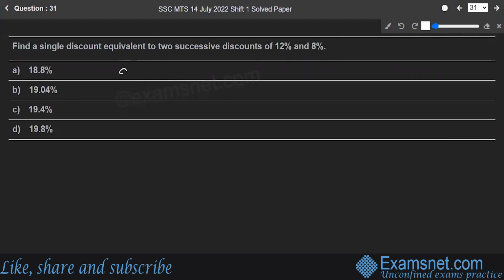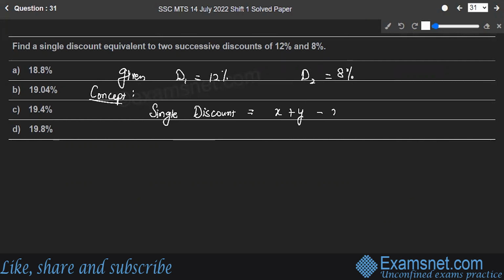First thing, you are given two successive discounts. So we have D1 that is equal to 12% and we have D2 which is equal to 8%. What formula is used in this question? The single discount is given by first discount plus second discount minus the product of these divided by 100.